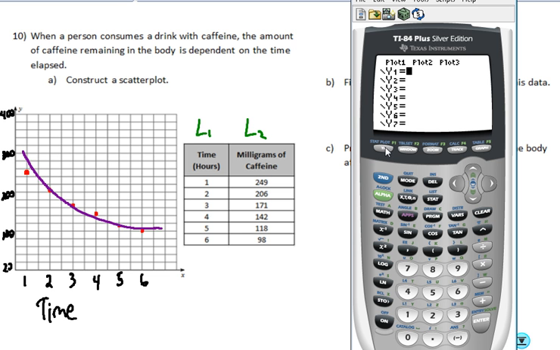If we go to y equals, and we're doing a scatter plot, we have to turn the plot on. You do the up arrow, turn the plot on. It's darkened out, and then the type of graph, if you go to zoom, is a statistical graph. So you go down to zoom 9, where it says zoom stat, and there we go.